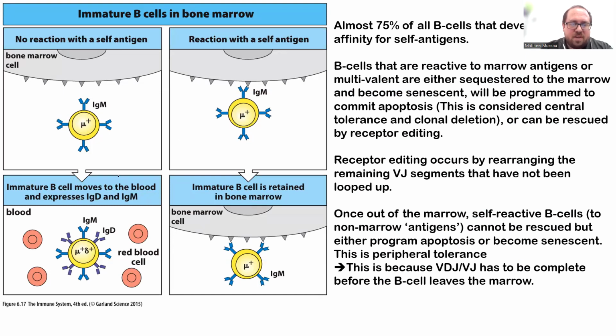So once the B cells are created and produce a productive and stable B cell receptor, which is, again, IgM to start with, B cells are then tested against the bone marrow expression of self antigens.